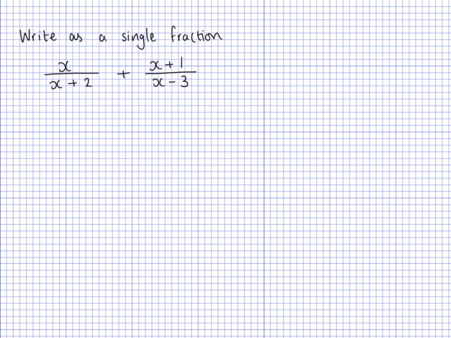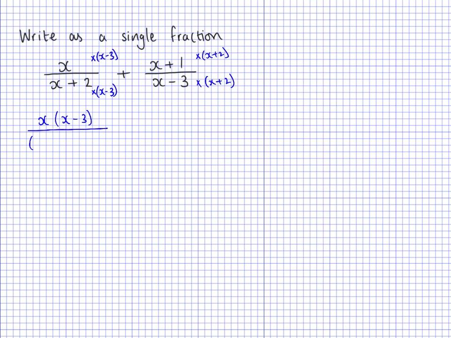But this time we're going to multiply top and bottom here by x take away 3, top and bottom here by x plus 2. So I'm going to write that down. So times this by x take away 3, and times the top by x take away 3, times here by x plus 2, and times here by x plus 2. All right, so what we're going to get is x multiplied by (x take away 3) here.